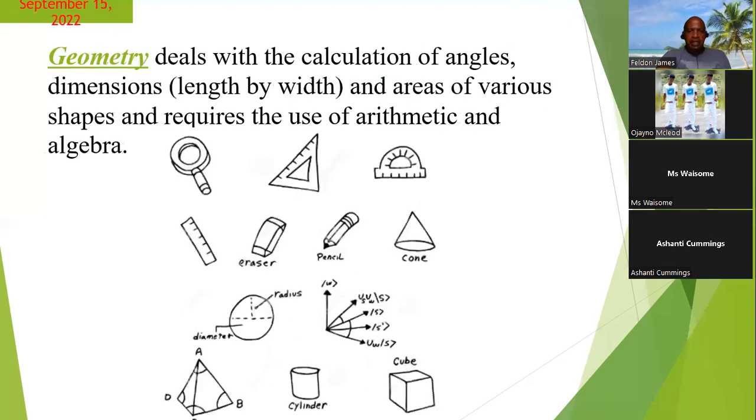All right, no question. Now here we are going now to geometry. Now geometry deals with the calculations of angles and dimension. And when we talk about dimension, we are simply talking about the length, width, or height of an object. So if the object only has length, or if it only has height, we say that it is one dimension.